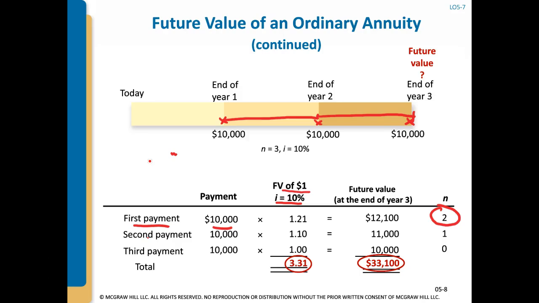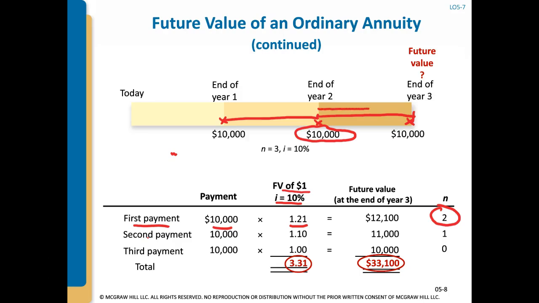So if you look at the factor table, future value of $1 with I equals 10%, and the number of compound periods is 2, you'll get a factor of 1.21. Then we make another payment, right? Our second payment is $10,000 at the end of year 2, and we can see what's our future value at the end of year 3.